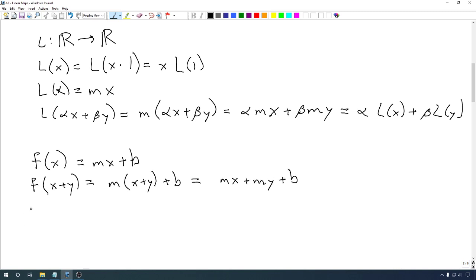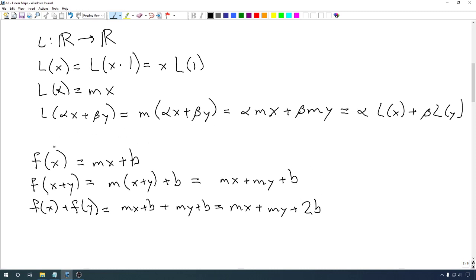But if we looked at f of x plus f of y, f of x is mx plus b, and then f of y is my plus b. And if we actually combine like terms here, we have mx plus my plus 2b. If b is not 0, these are two different things.